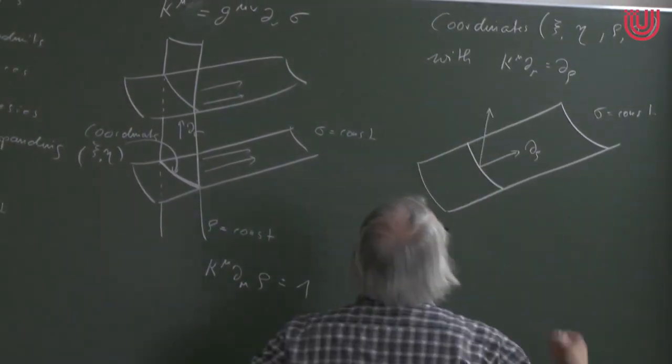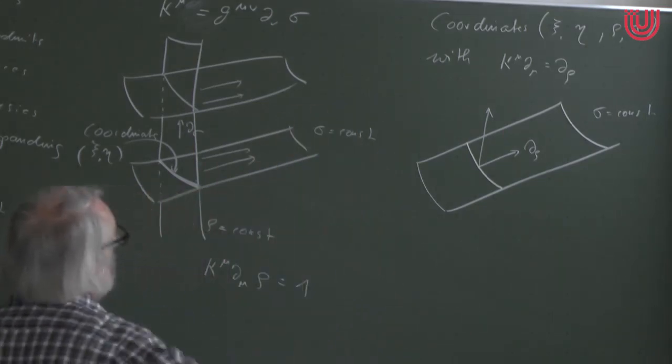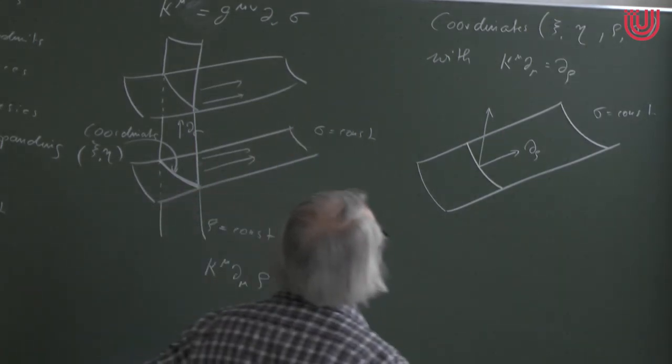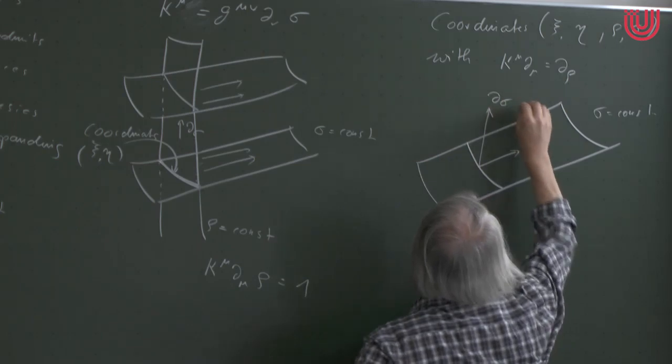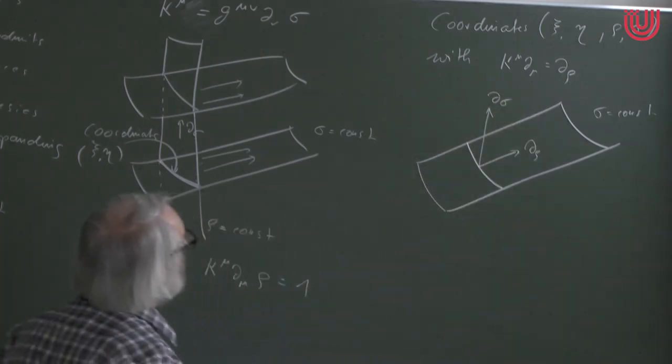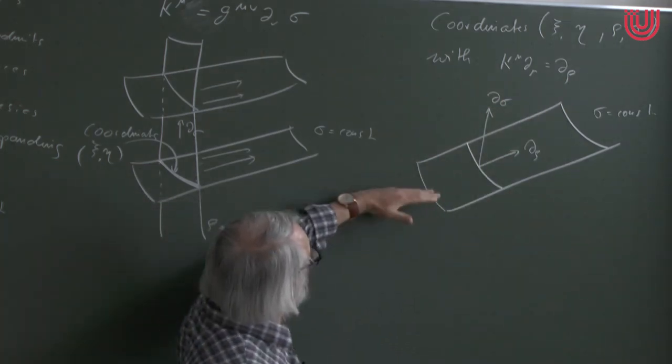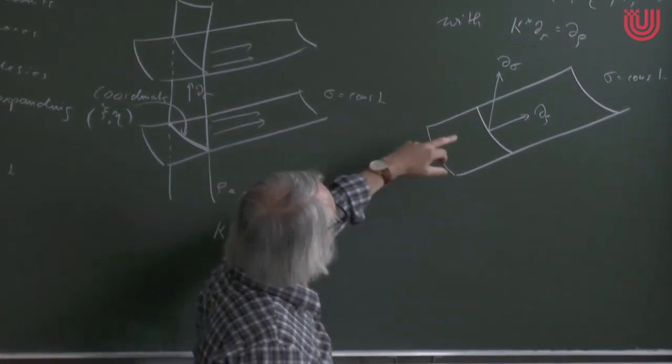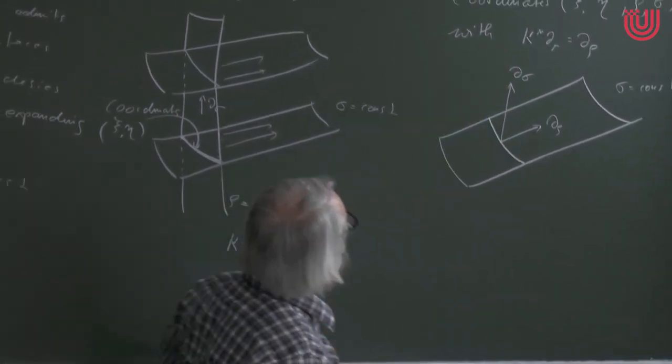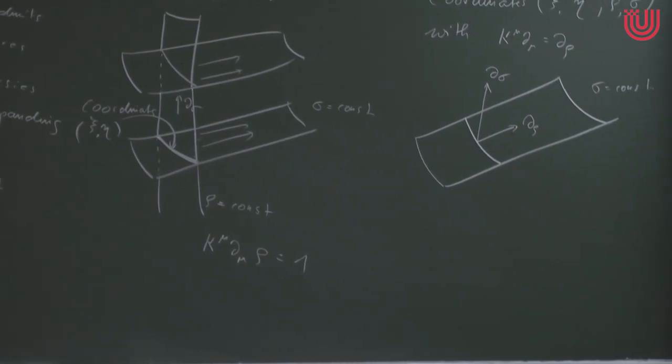Transverse to this, tangential to the hypersurfaces rho equal constants, I have my d by d sigma. Yeah? So sigma labels the different hypersurfaces. So d by d sigma is transverse to these hypersurfaces.